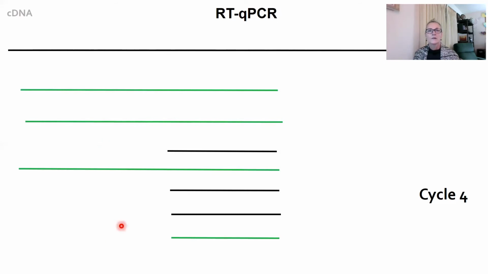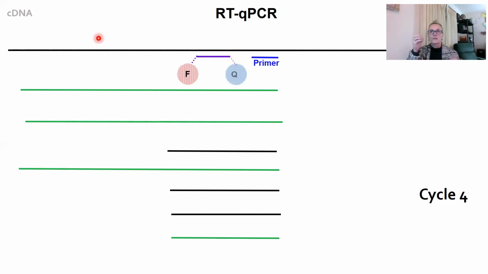So how do we actually measure these strands of DNA? The way that works is you have your primer, but you also put in another primer, or complementary strand, called a probe. That probe is connected to a fluorescent molecule that emits light, but the probe also has a molecule attached to it called a quencher.